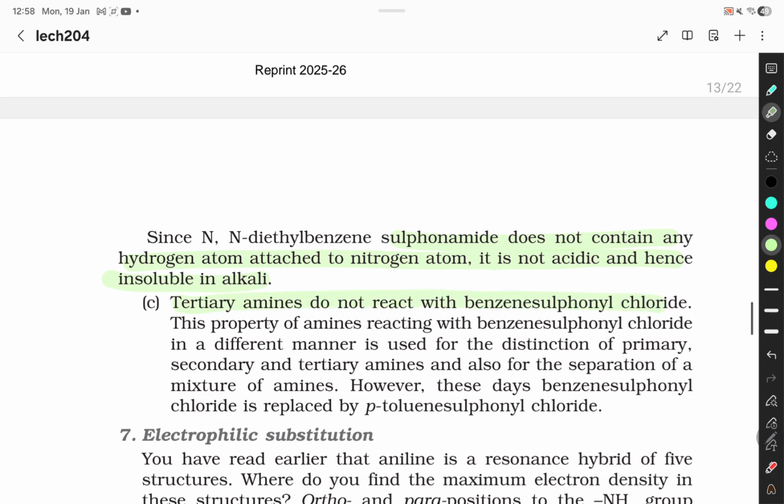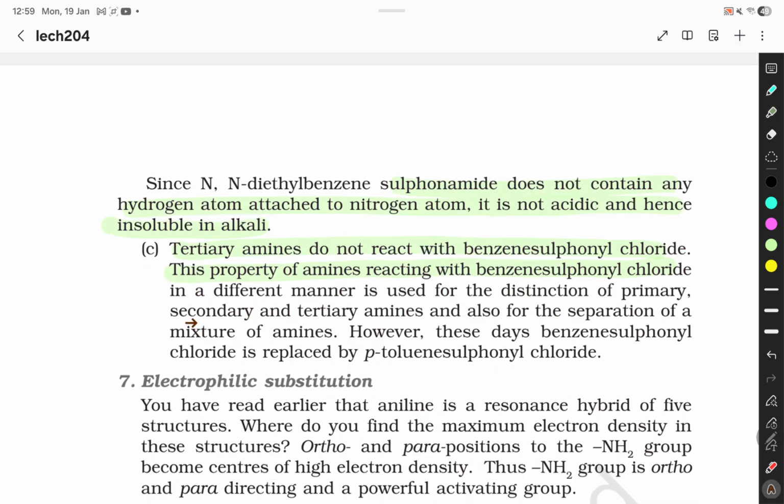Tertiary amines don't even react. This property is used for distinction of primary, secondary, and tertiary amines and separation of a mixture of amines.